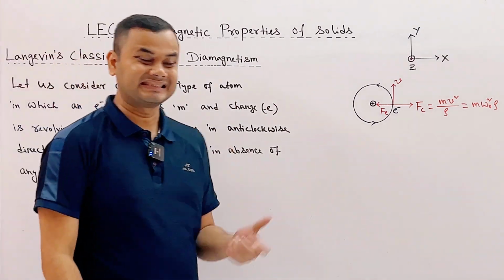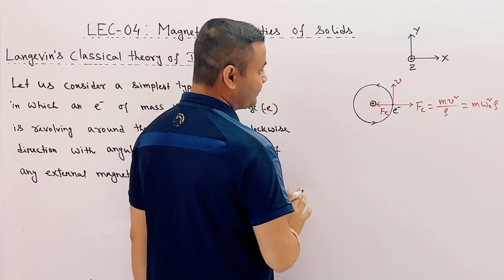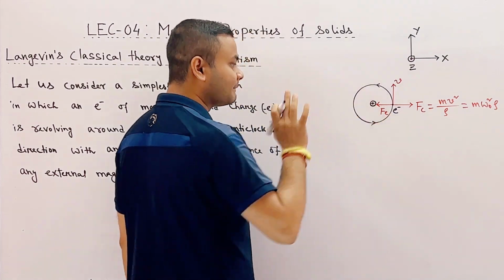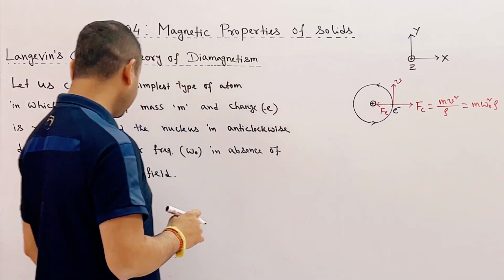Students, to sustain circular motion, the magnitude of electrostatic force between electron and nucleus must be equal to the centrifugal force of this electron. Okay?